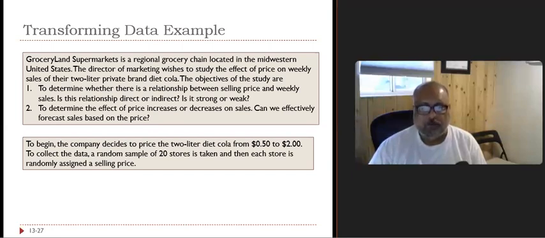So we can actually get some data to work on this problem. Let's say the company decides to price the 2-liter diet cola at various prices from 50 cents to $2. A random sample of 20 stores is taken, and each store is randomly assigned a selling price.